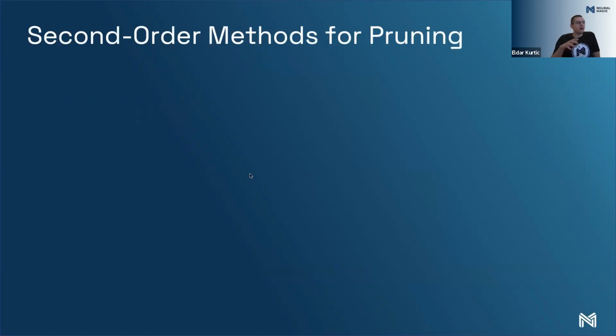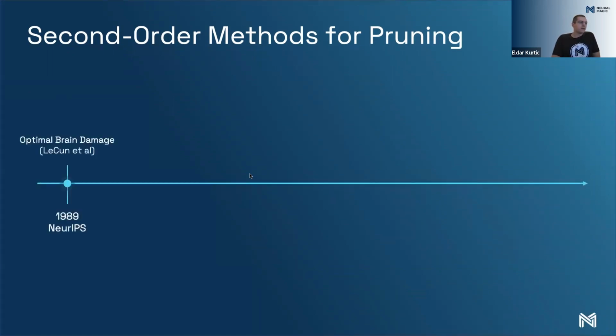So now let's dive a little bit more into the second-order methods for pruning. The timeline of development of these methods started with the 2 seminal works called Optimal Brain Damage and Optimal Brain Surgeon. Both of these papers approach the problem and try to prune the weights from the network by trying to approximate the curvature of the loss function.